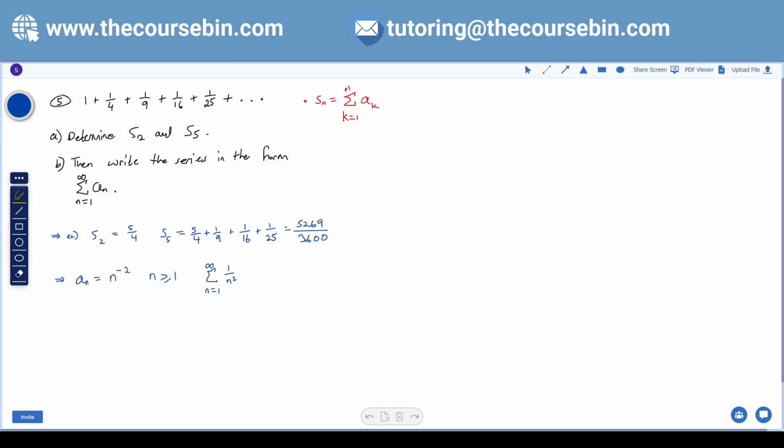We've talked about telescopic and geometric series, and we already know with geometric series, the rule for it to converge: the absolute value of the common ratio needs to be less than 1.